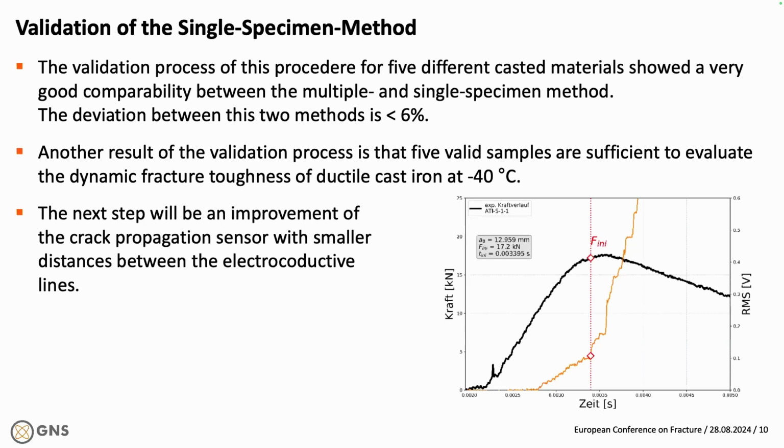And the deviation between these two methods was really small. It was lower than 6%. And we could show that also the number of necessary samples could be reduced for the single specimen method, and we only need 5 valid samples to evaluate the dynamic fracture toughness of ductile cast iron at -40 degrees.